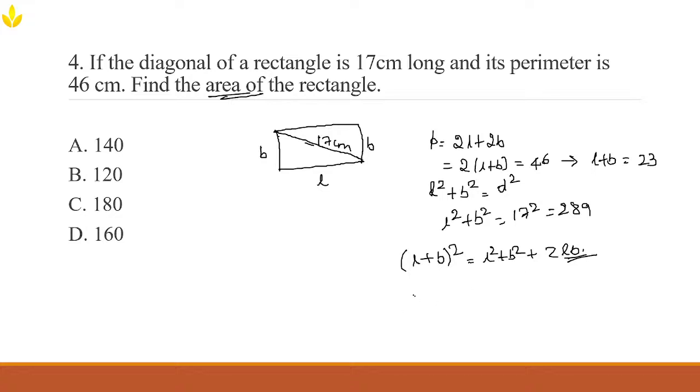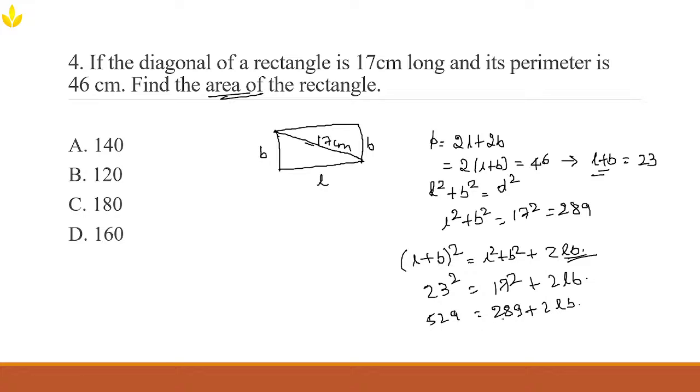So let us substitute the values. We have already found the value of length plus breadth. That is 23 whole square, which will be equal to length square plus breadth square, which is 17 square, plus 2LB. So 23 whole square is equal to 529 and 17 square is equal to 289 plus 2LB.